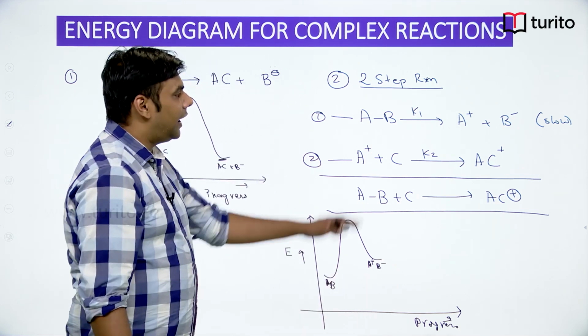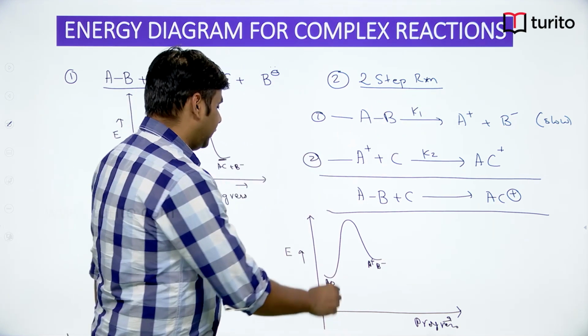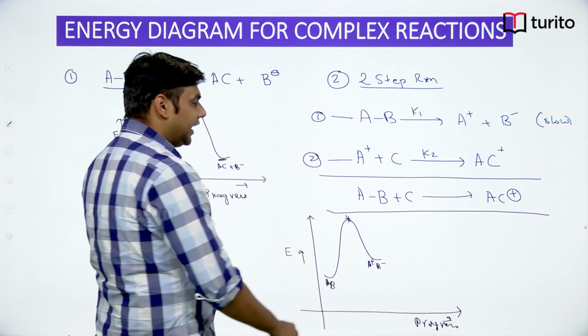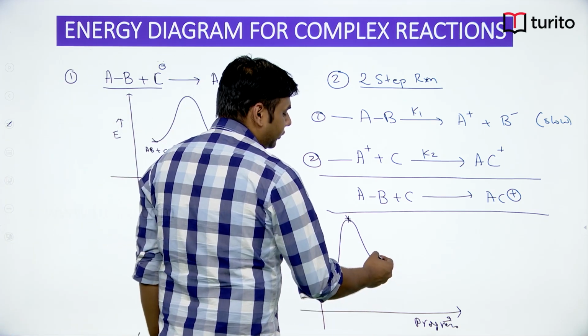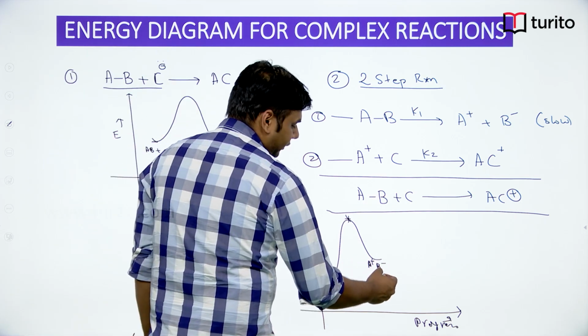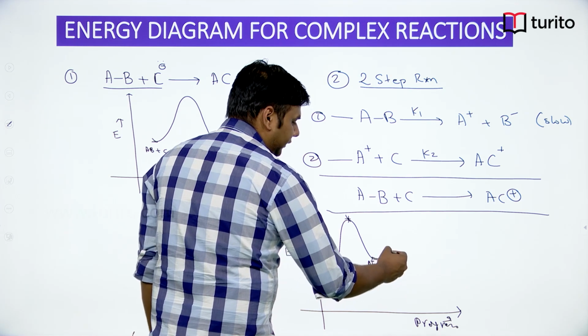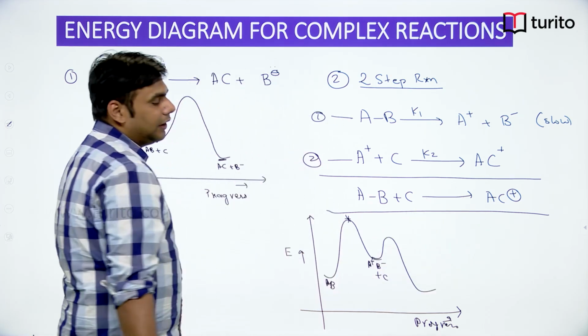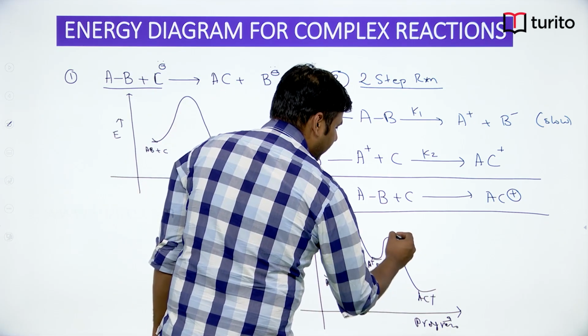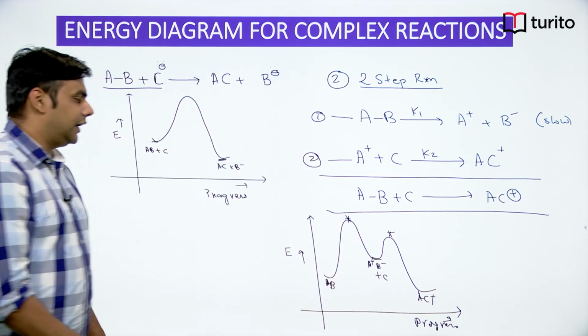This step will have a transition state, represented by this. Now the second reaction is fast, so its activation energy would be less. As soon as this is formed, C would combine, its activation energy would be less, and this would be the final formation of product. So this would be the transition state of the second reaction.